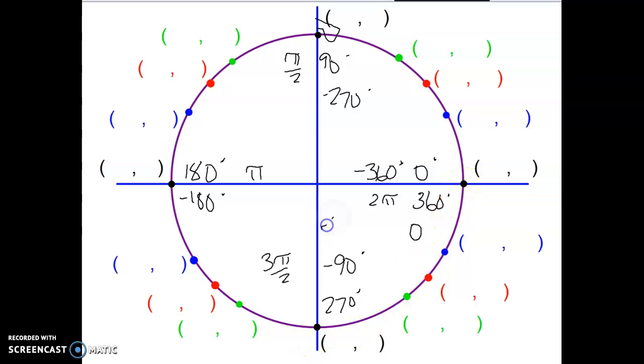So I'm going to have negative pi over 2. I'm going to go another negative pi over 2 to get here, so that's negative pi. Another negative pi over 2 to get here, so that's negative 3 pi over 2. And then I'm going to finish up over here at negative 2 pi. So this one's a little bit crowded because it has all kinds of angle measures on there. All right, pause the video, get all your black ones written.